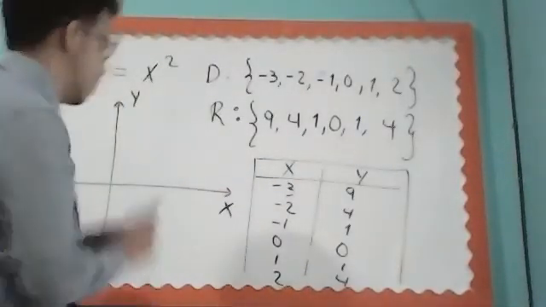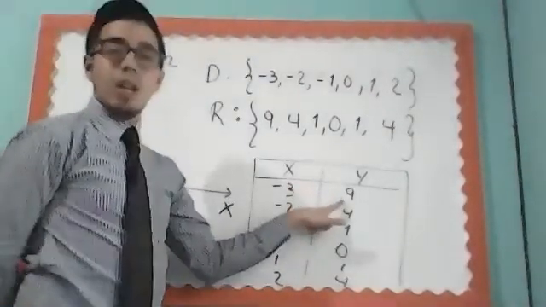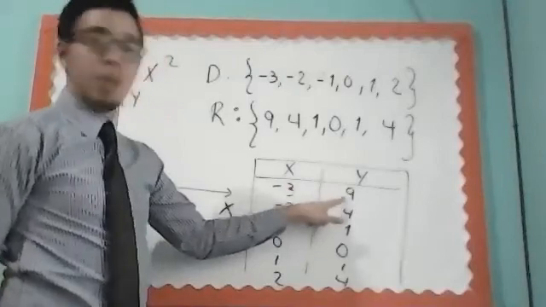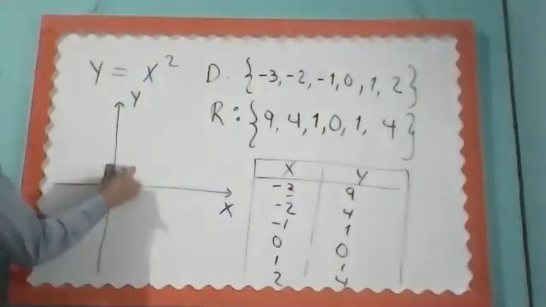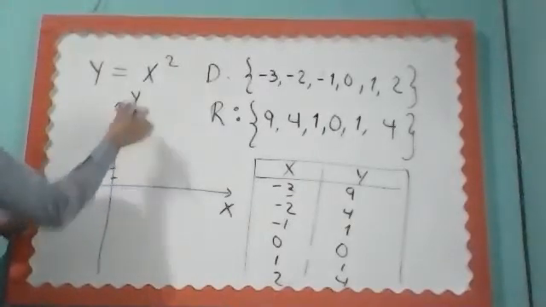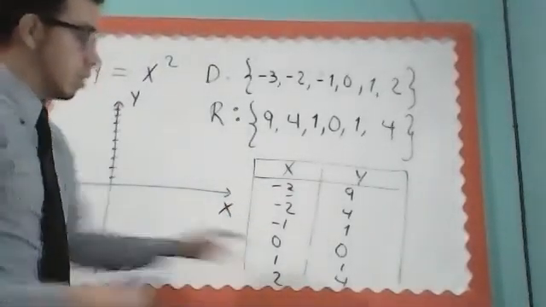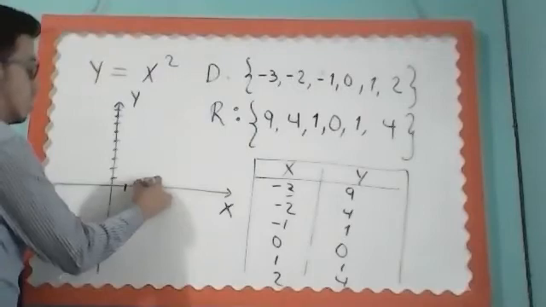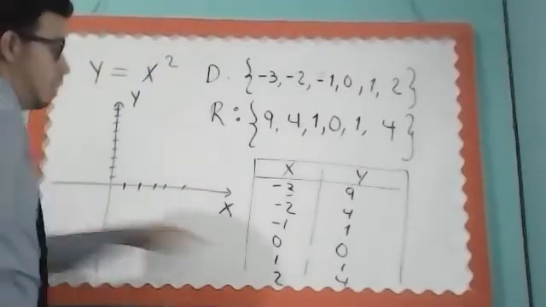Look that in y, the greater value we have is 9, so we need to count until the 9 positive: 1, 2, 3, 4, 5, 6, 7, 8, 9. With the x, the greater number you have is 2: 1, 2. The other ones don't matter because it's finishing here.